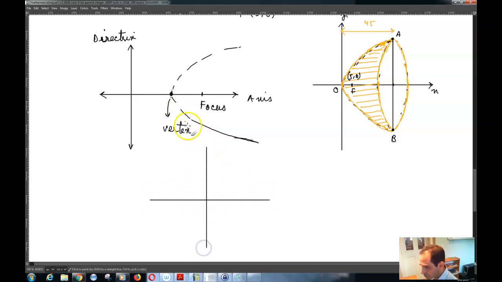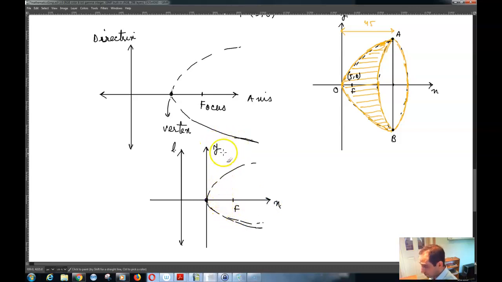Now, if I put this vertex at the origin, I can imagine that I could have, for example, this parabola over here. This vertex is at the origin, and then I have my parabola over here, and then my focus comes over here, and then my directrix comes somewhere over here. So then this becomes line L, which is the directrix. This is the y-axis, and this is the x-axis.